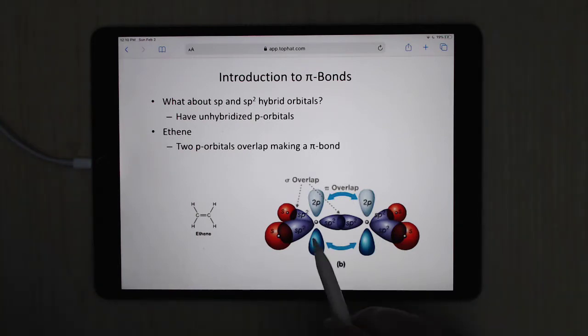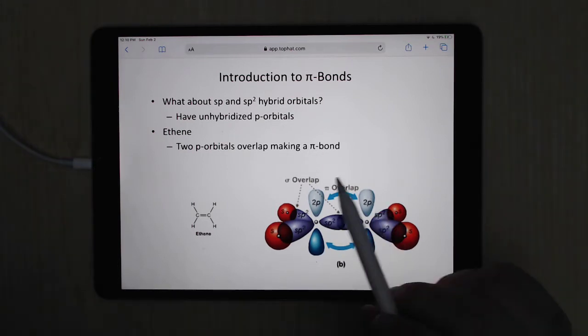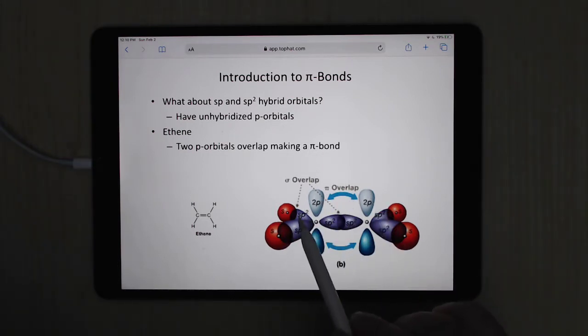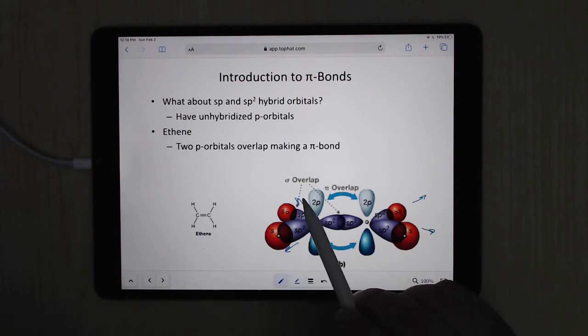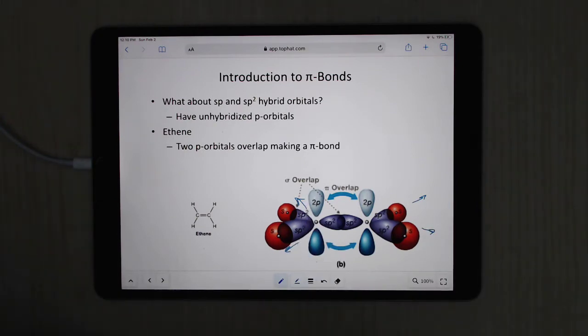So this is one bond. If we want to put another set of electrons between that, remember, these hybrid orbitals are facing away from the other atom. These lobes are pointing out that way. So what's an atom to do?